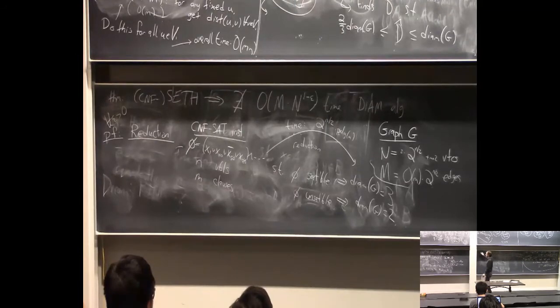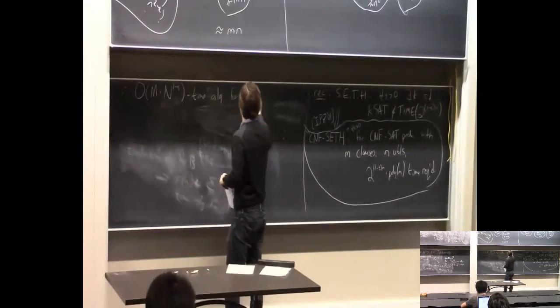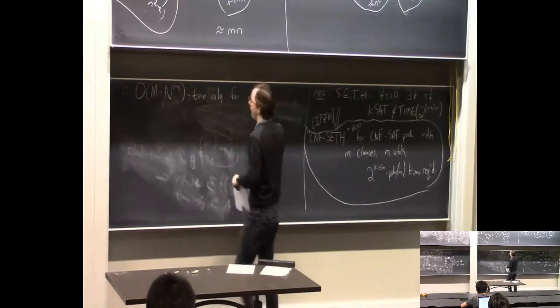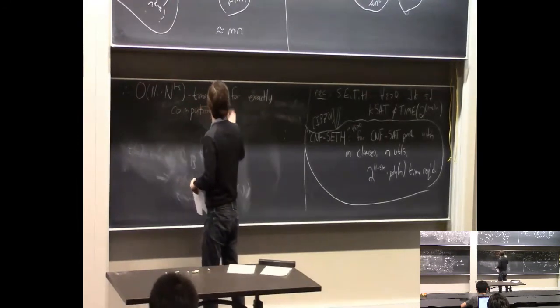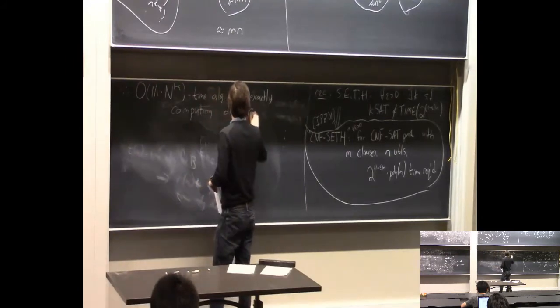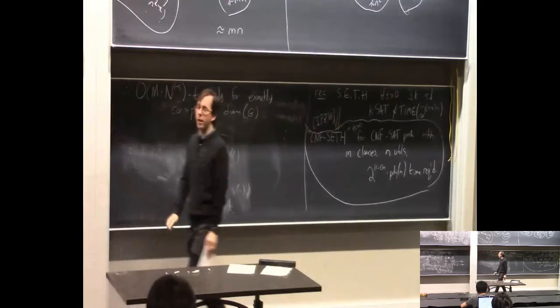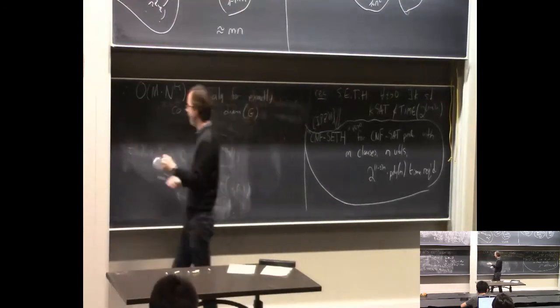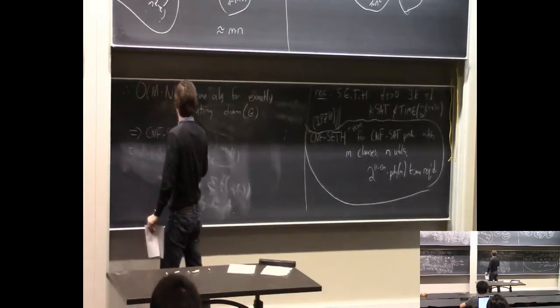Once we show this reduction, if you had an m times n to the 1 minus epsilon time algorithm for exactly computing diameter, which is what we're wondering about, can you get m times n to the 0.99 time? Then you could solve CNF-SAT in time.